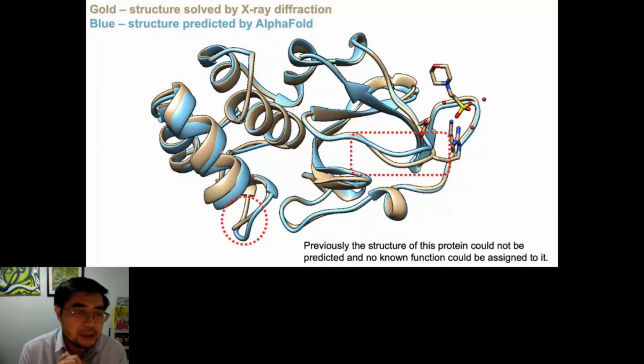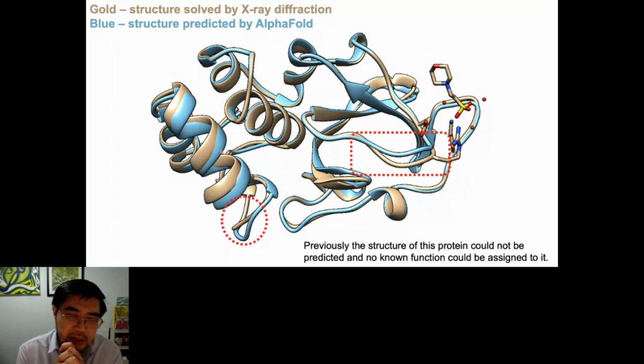that we solved experimentally using X-ray crystallography, and this structure was not yet available in the PDB, and there was no known function assigned to it. So in gold is the structure that we solved by crystallography, and in blue is the one that was predicted by AlphaFold.